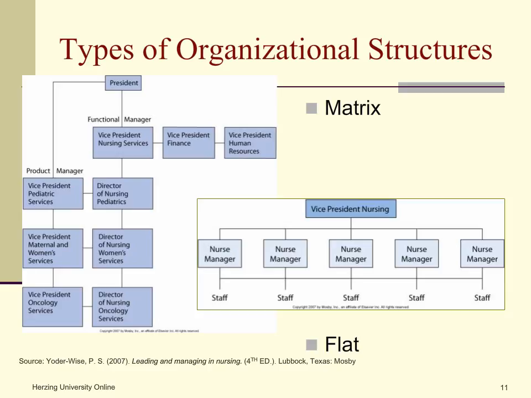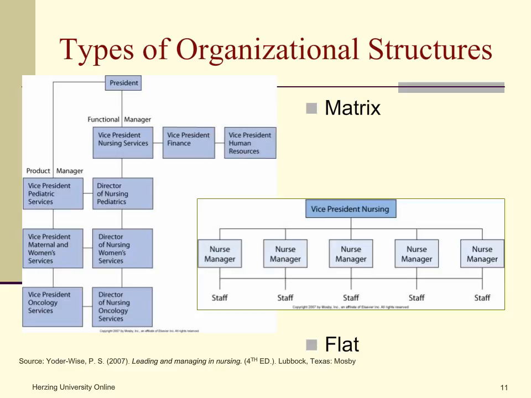The matrix structures are complex and integrate both functional and service considerations. The manager of a matrix structural unit reports to both a functional manager and a service line manager, as the figure on the left side depicts.